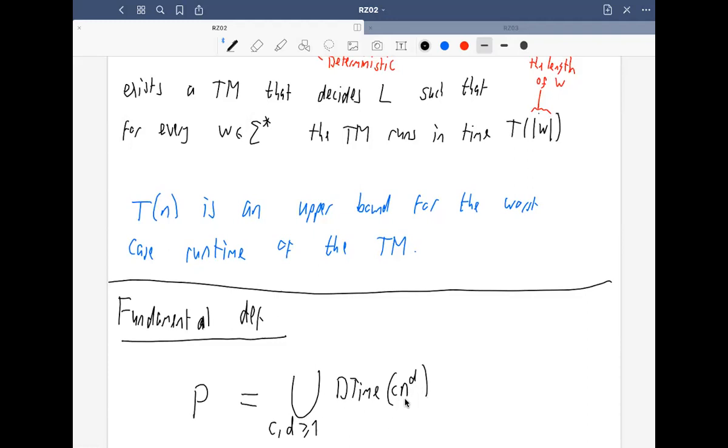The problem is that when n is 0, c times n to the d is always 0.